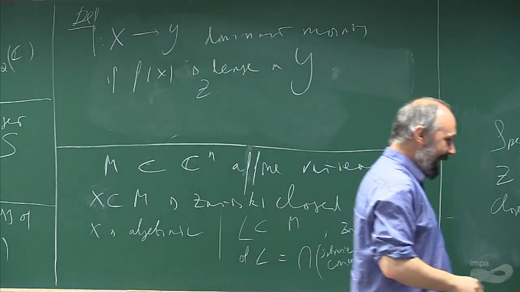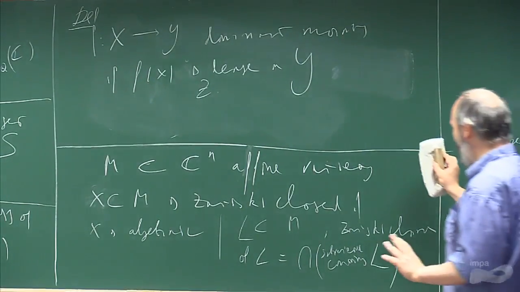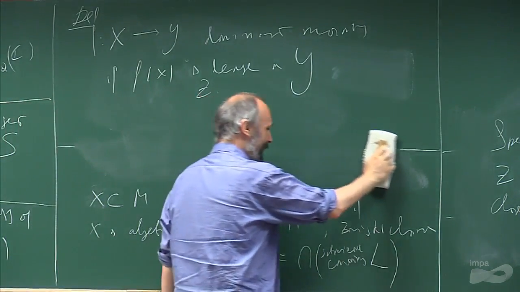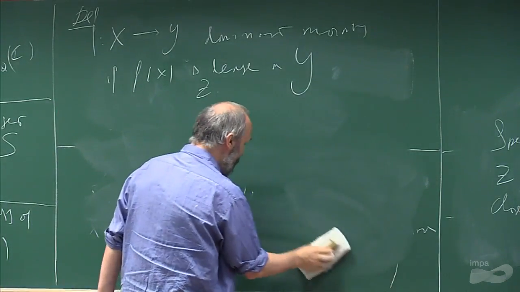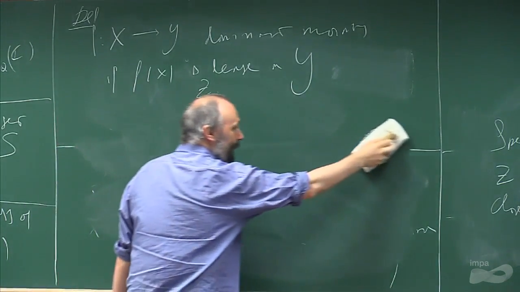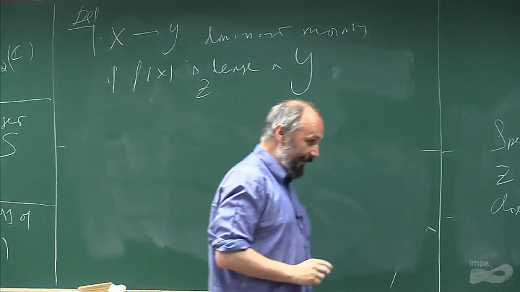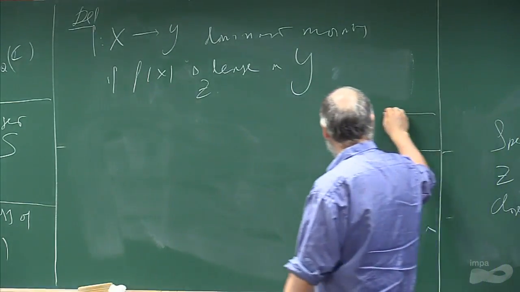In fact, it's not hard to see that Zariski dense is the same as dense, so you can just write dense. But maybe I will prove it later, not now. So the dominant morphism can be characterized.